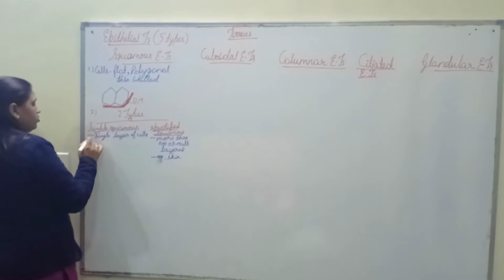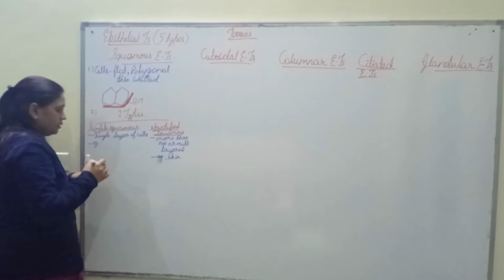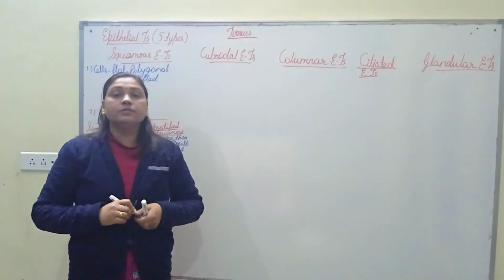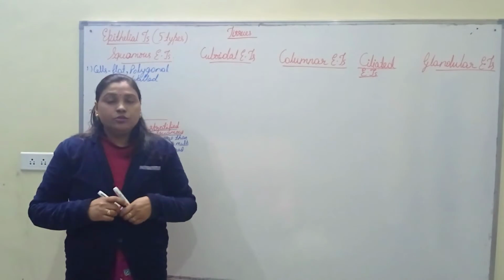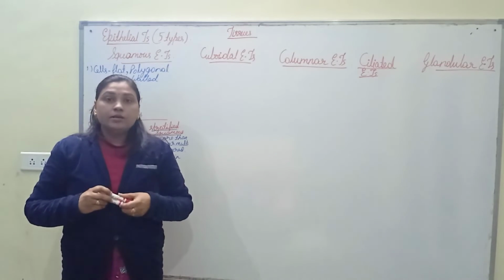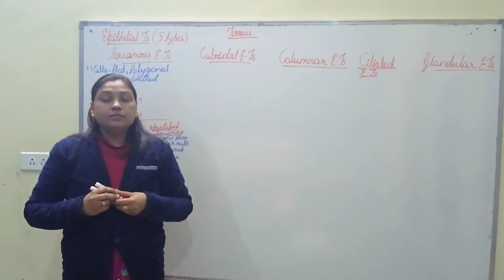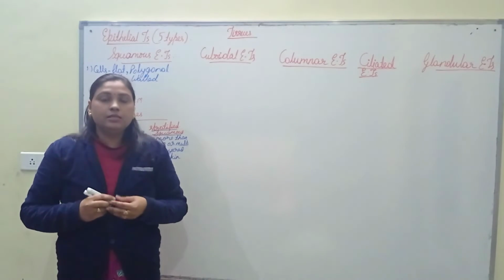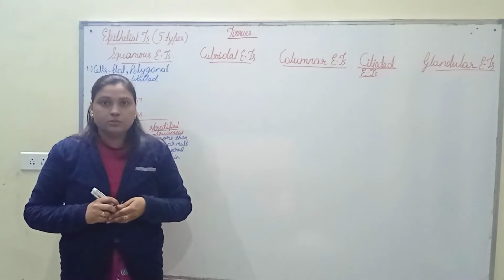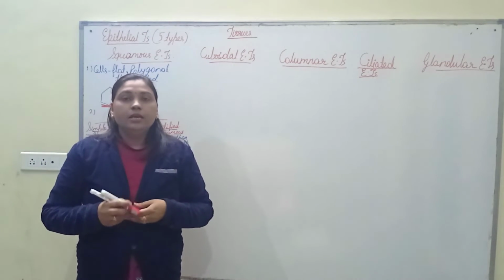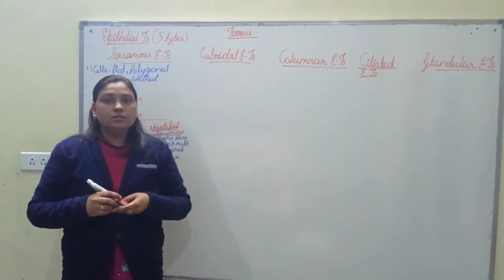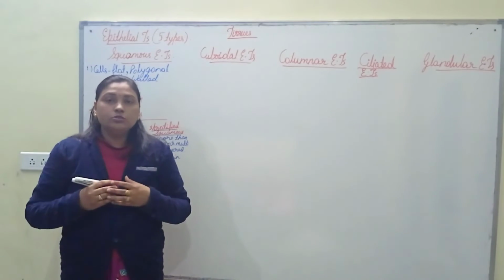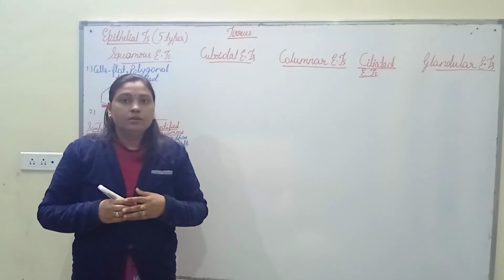And simple squamous, made of a single layer of cells, is generally found in the parts of the body where the exchange of materials, liquids or gases takes place. For example, in alveoli of lungs, in which the exchange of gases takes place.